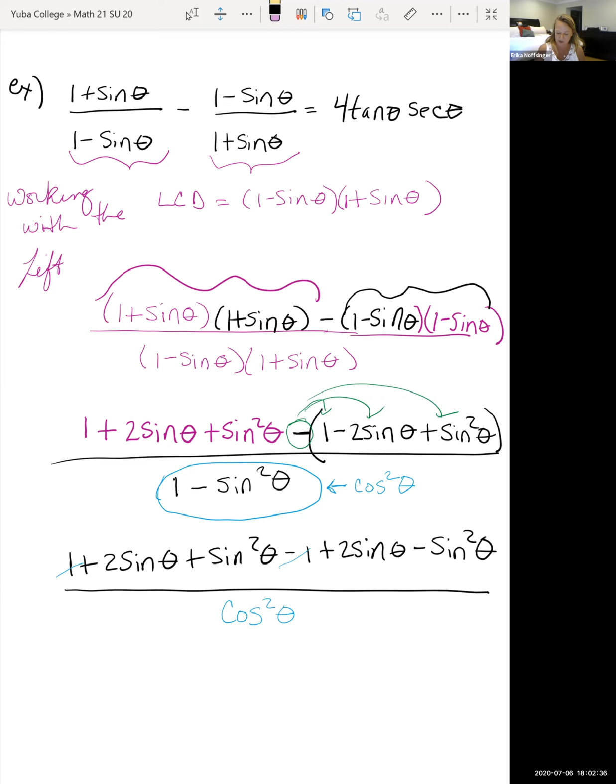We have a sine squared theta minus a sine squared theta, that cancels. And we have a 2 sine theta plus a 2 sine theta. Those are like terms, and so a 2 sine theta plus a 2 sine theta is a 4 sine theta, all over our denominator of cosine squared theta.